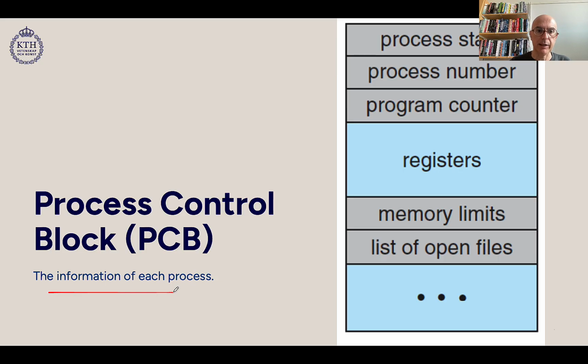So each process will have a PCB. Here on the plot, we have the different parts of the PCB. So for instance, we will have the process state, a process number, a program counter, a number of registers, memory limits, and the list of open files for that particular process.